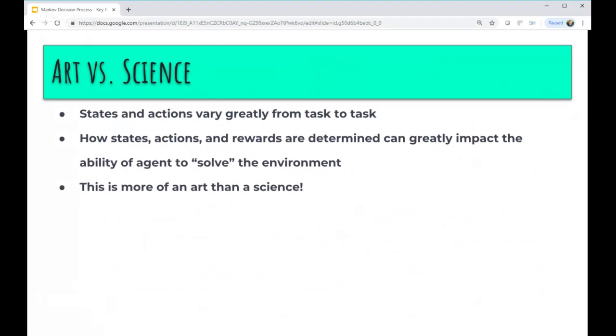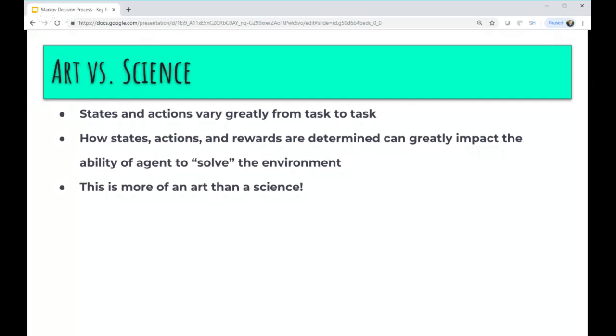environment that you want to solve. As an engineer, you really just have the problem that you're faced with, and what you're given are some algorithms to choose from, the science part of it. But then the art comes into play in designing that environment, designing the rewards that you're going to provide, designing what the different things are that the environment can provide to the agent in terms of state information, and determining the states that you can have, the actions that you can take, the rewards that you provide.